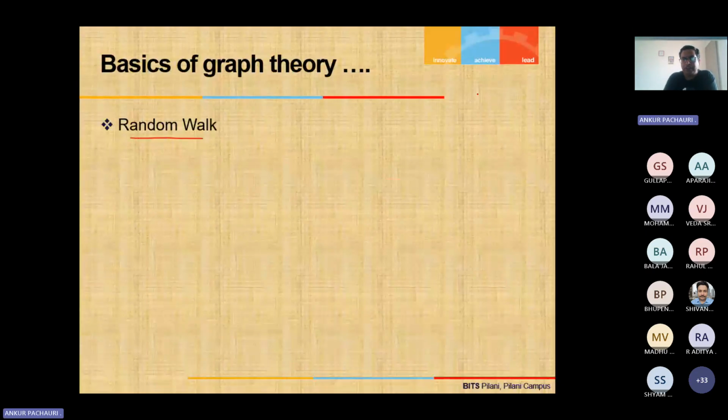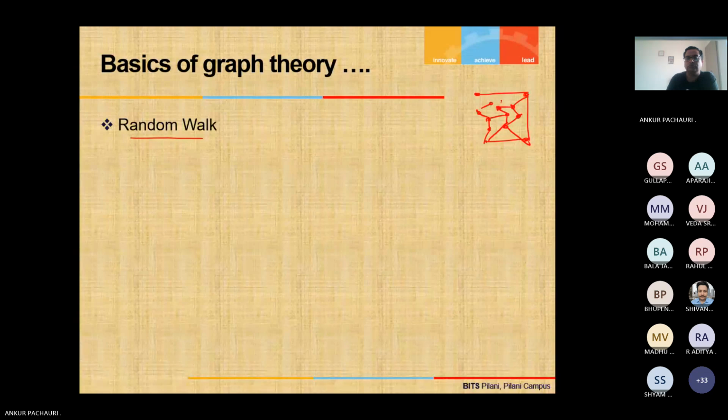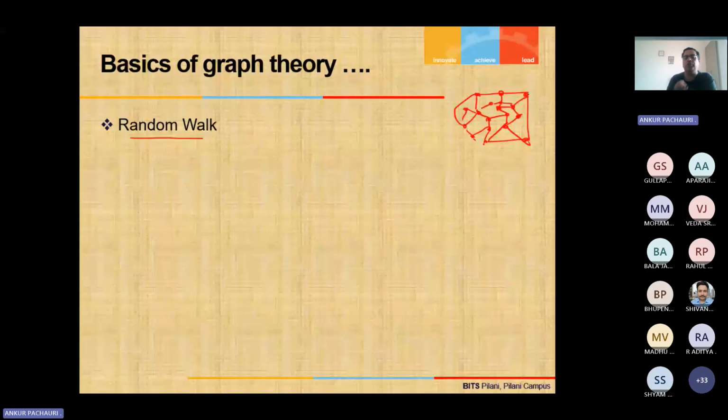So if I'm given a graph, let me draw a dense graph in between. So this may be a dense graph.